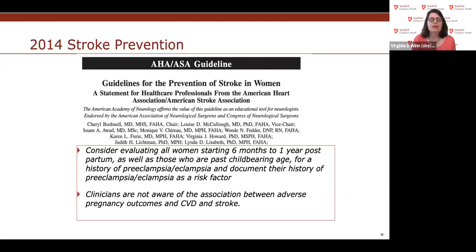They commented back in 2014 that clinicians are often not aware of this association, meaning primary care physicians and cardiologists. So it is really key and important for those providing obstetrical care to educate and inform the woman's primary care provider of the need for follow-up.